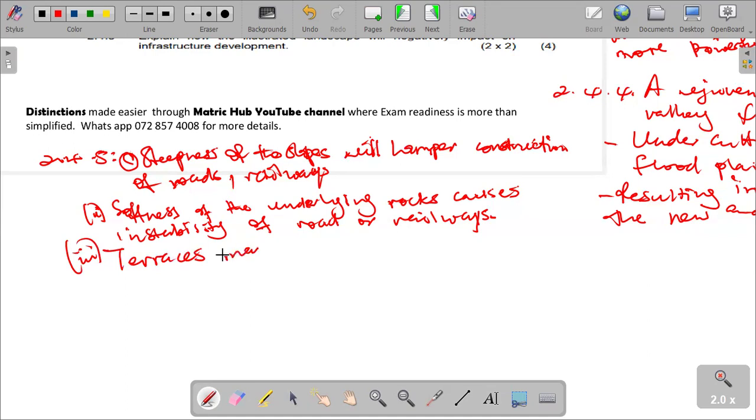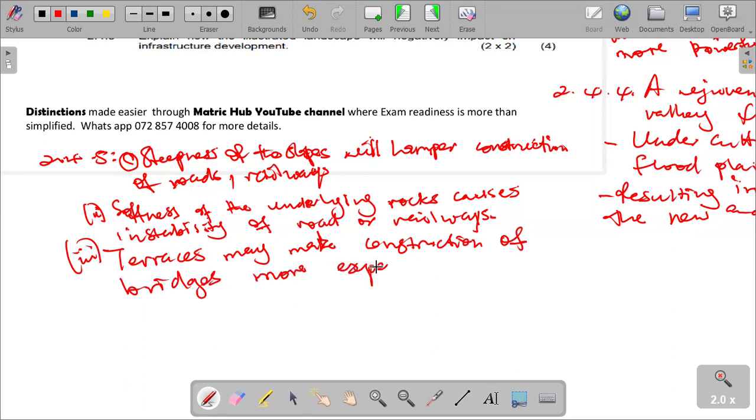Terraces may make construction of bridges more expensive, unlike a river that is just stable or equally the same.